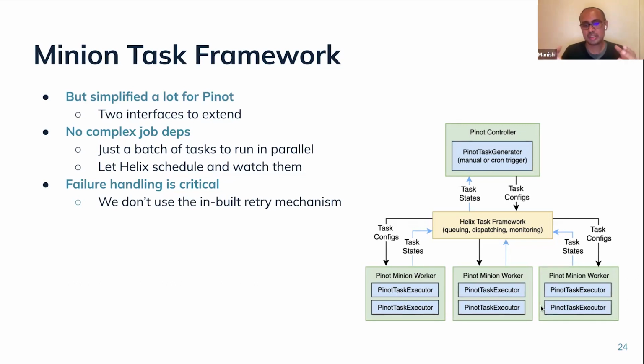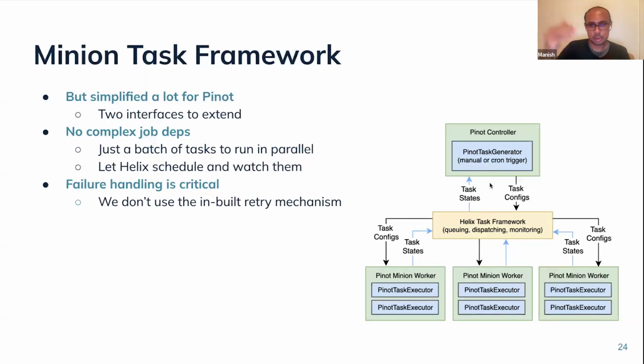For example, the task executor loads the source files, reads the rows or documents from them, and then builds segments out of it, building indexes and so on. So the Minion workers do the heavy duty work. And you can throw in as many workers as you want to get the job done as quickly as possible.